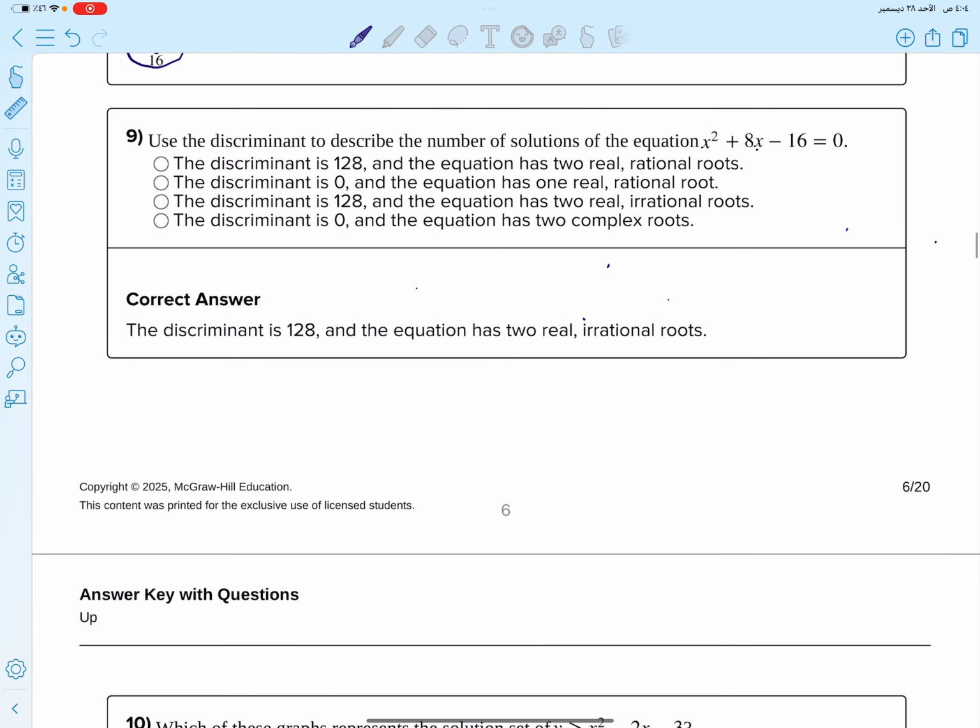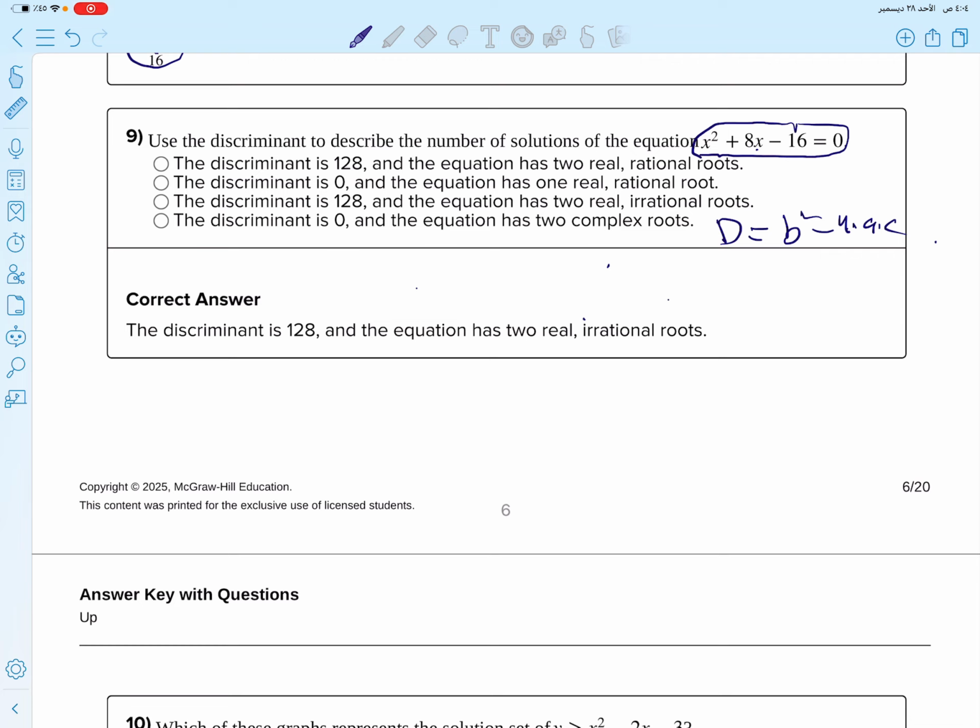Now question number 9. Use the discriminant to describe the number of solutions of the equation. We have this equation: x squared plus 8x minus 16. In the first step, I need the discriminant, so the formula of the discriminant is b squared minus 4ac.